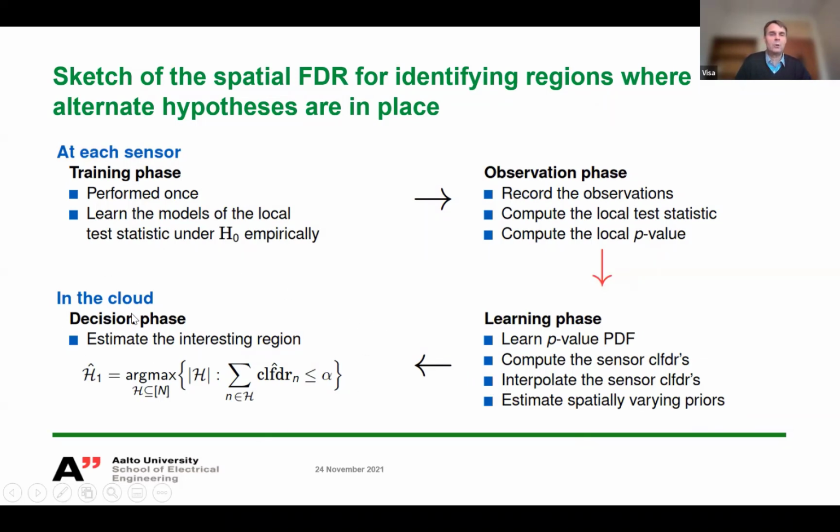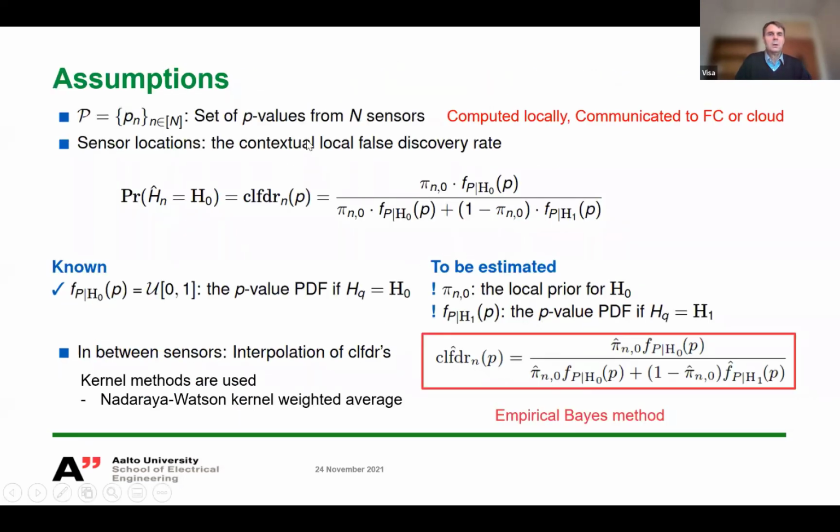And then finally, in the cloud, you do this multiple hypothesis testing based inference and figure out the regions where the null hypothesis or the alternative hypotheses are in place. The data that you are processing are the p-values from each sensor that are computed locally. In each sensor you compute this contextual local false discovery rate criterion, given by this expression here.